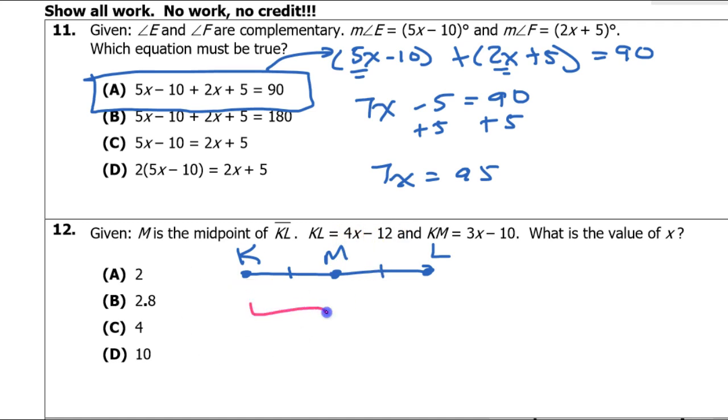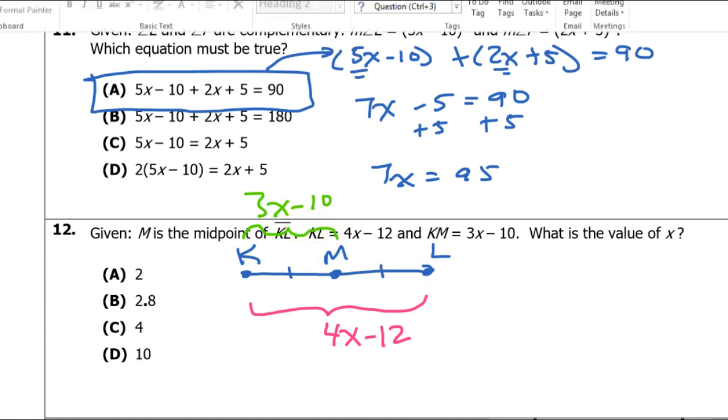All right, so that means this is 4x minus 12. And then KM is 3x minus 10. Okay, so this is KM, this is 3x minus 10. These are not congruent. KL is twice the size of KM, and that's what I'm going to actually use.